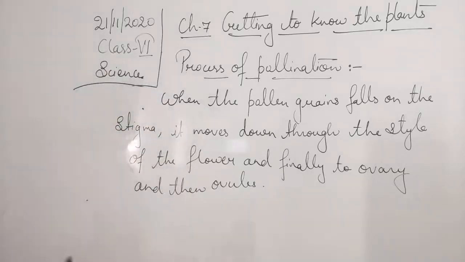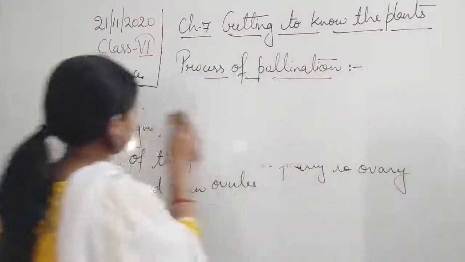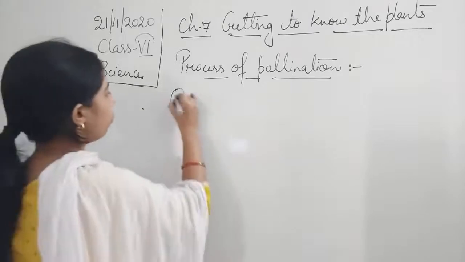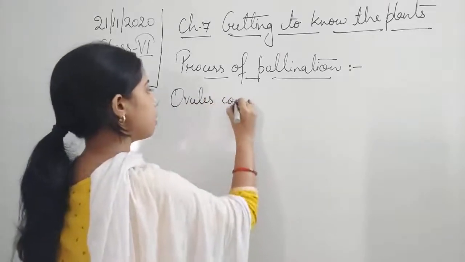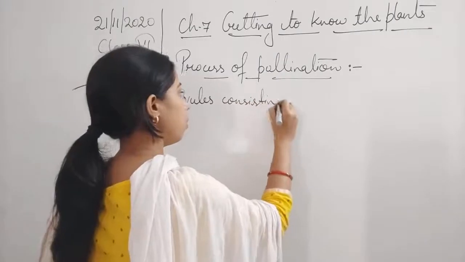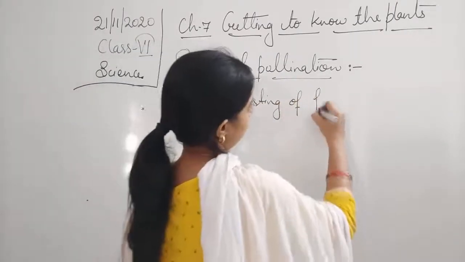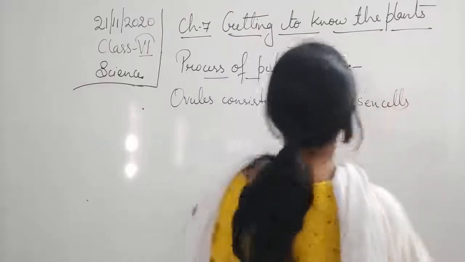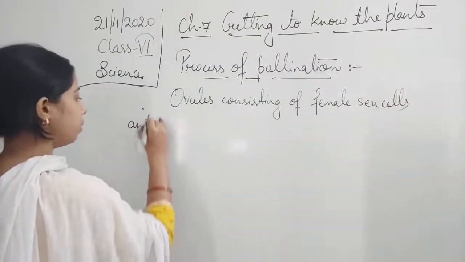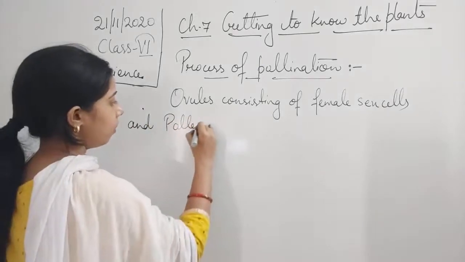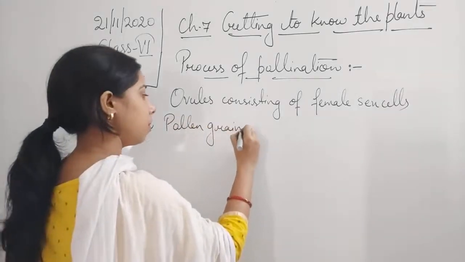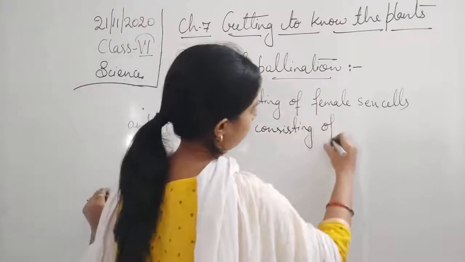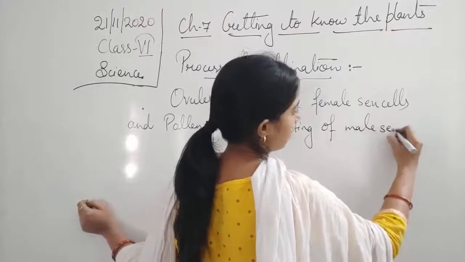So we can write about it: ovule consisting of female sex cells and pollen grains consisting of male sex cells.